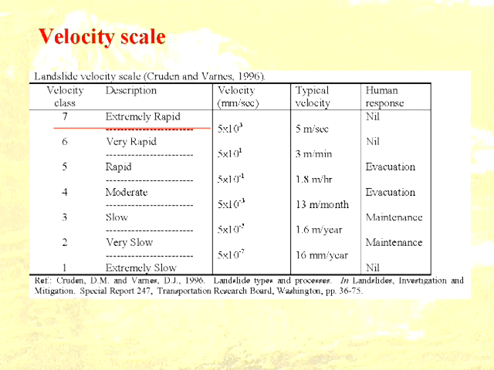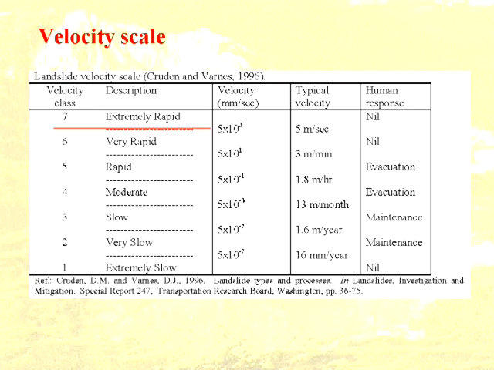The slower velocities allow evacuation, either by persons alone or sometimes by people with their possessions, leaving permanent structures behind to be damaged by the landslide. Finally, for the slowest velocities, it is often possible to maintain structures such as bridges and roads on top of the landslide and adjust them or maintain them to accommodate the slow landslide movement.